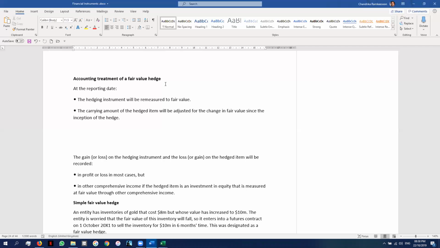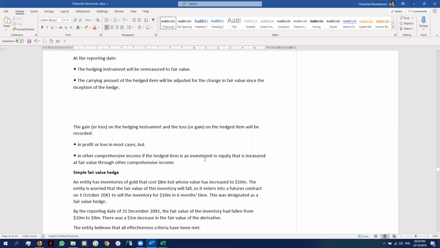But it will be recorded in other comprehensive income if the hedged item is an investment in equity that is measured at fair value through OCI. Of course, a question must indicate which it is. If a question does not, and you are simply dealing with an investment in shares and you need to apply hedge accounting, you will record any gain or loss in profit or loss.